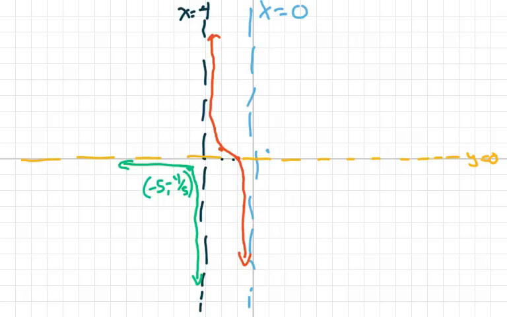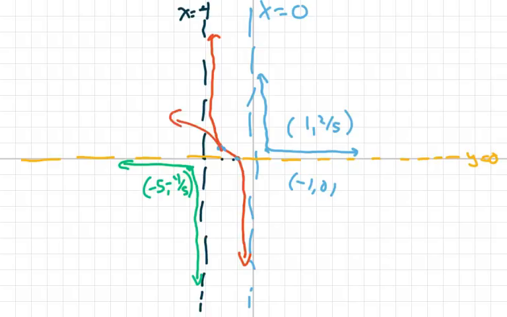It doesn't cross. The graph never crosses the vertical, you guys. It can cross the horizontal or the oblique. So this point was 1, 2/5. And we had our 2 points here. This one was where it crosses, which is also the x-intercept, -1, 0. And this point right here was -2 and 1/4.